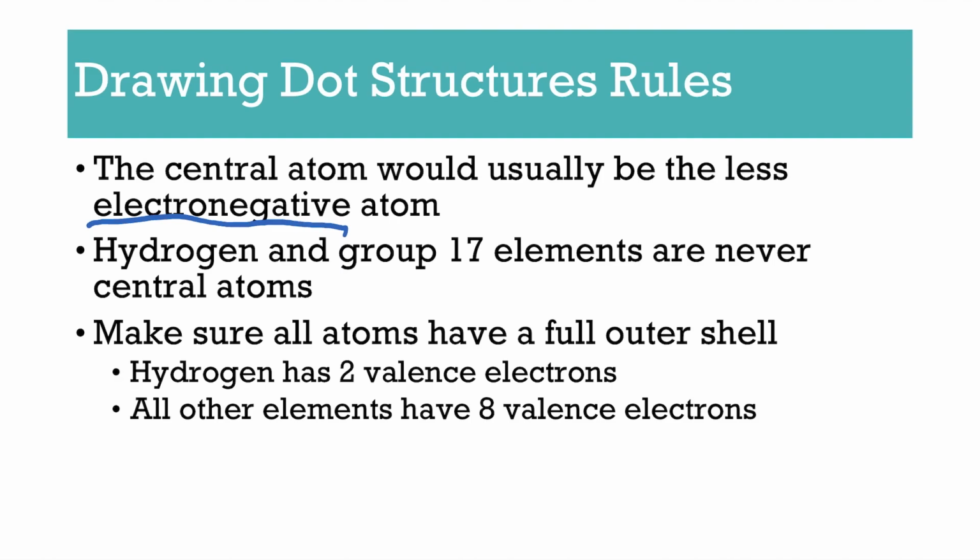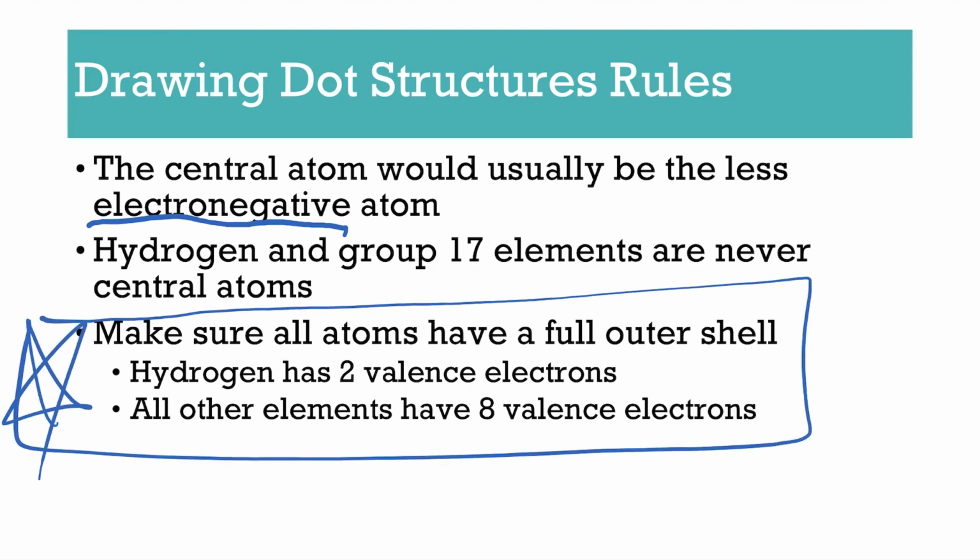Rule number 3, make sure all atoms have a full valence outer shell. Hydrogen should have 2 electrons, everything else should have 8. So out of all of this, that is the most important thing. The other two bullet points don't make much sense as of yet. So those are the textbook rules.